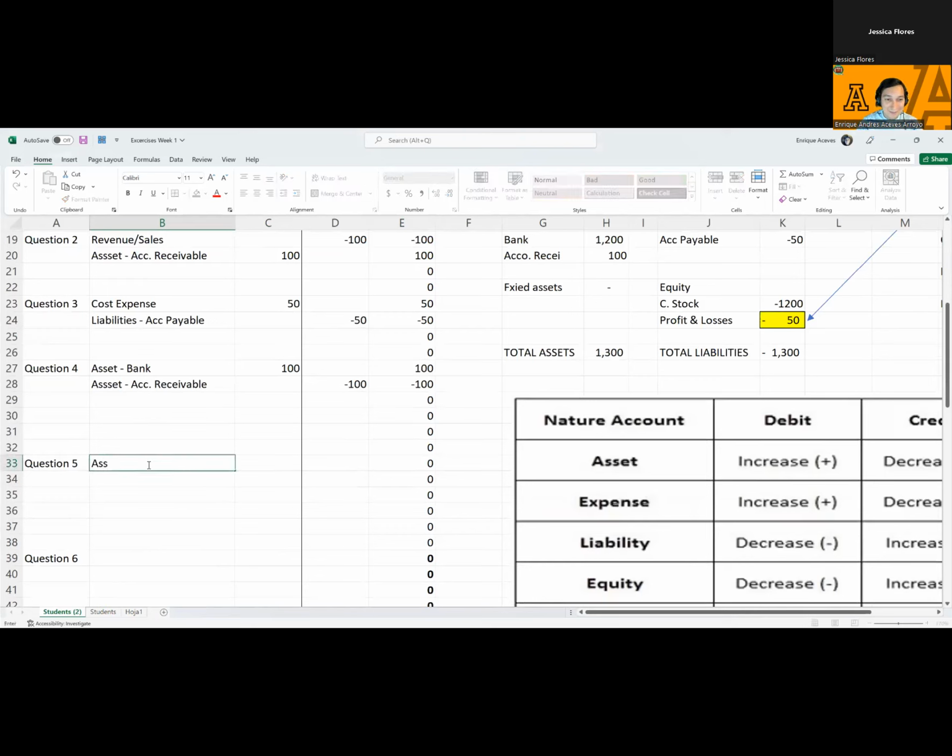It is an asset. It's a resource, laptop. And where did you take the money to pay it from? Where did you take that resource from in order to pay for the laptop? From the bank, no?